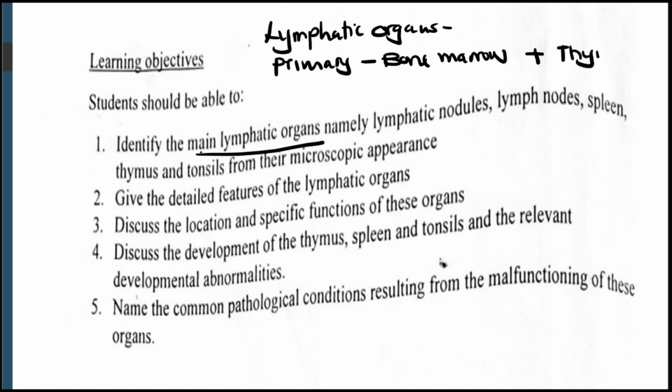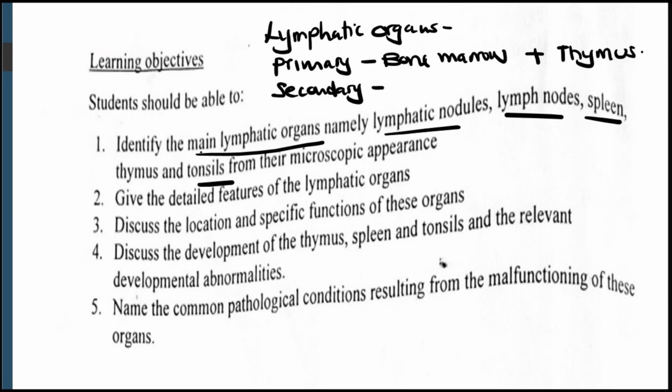So the thymus is the lymphatic organ here, not really the bone marrow. Secondary organs are the lymph nodes, the spleen, the tonsils, and the lymphatic nodules.